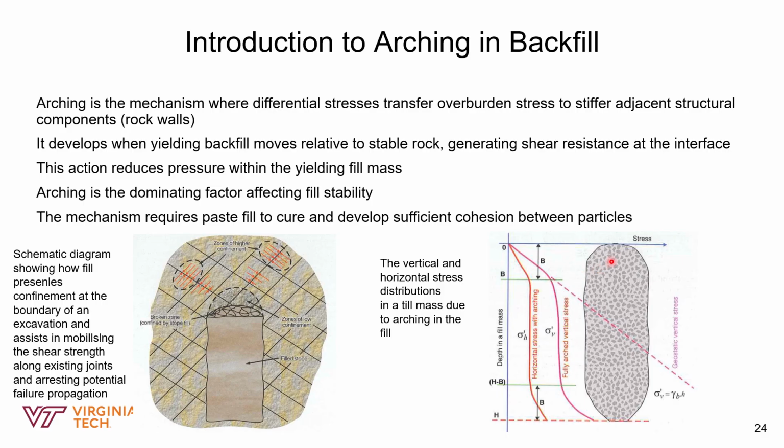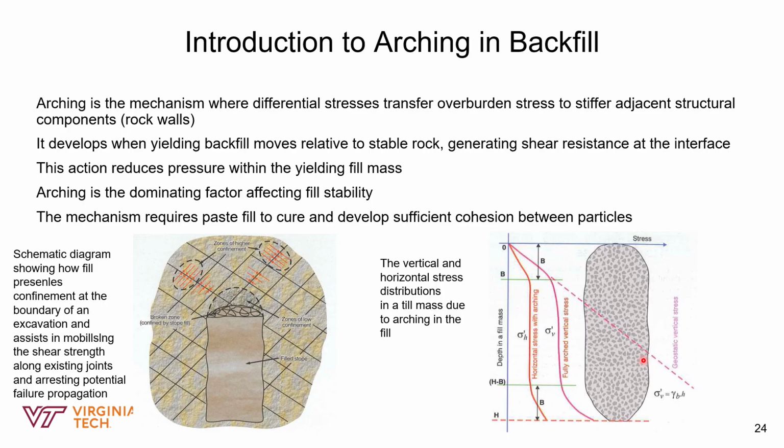Now the picture on the right is showing a visual proof of this arching mechanism. And so in the diagram, we see the dotted pink line and we have the solid pink line. The dotted pink line represents the geostatic vertical stress, and the solid line represents the fully arched vertical stress.